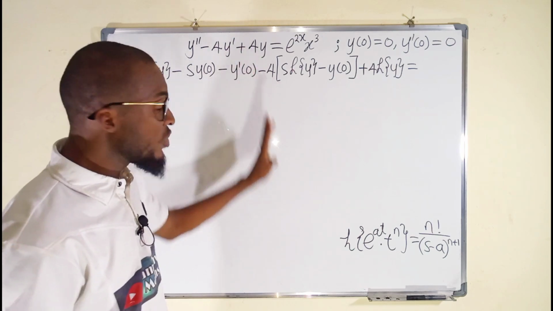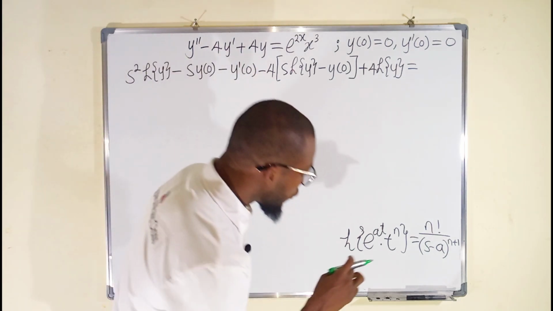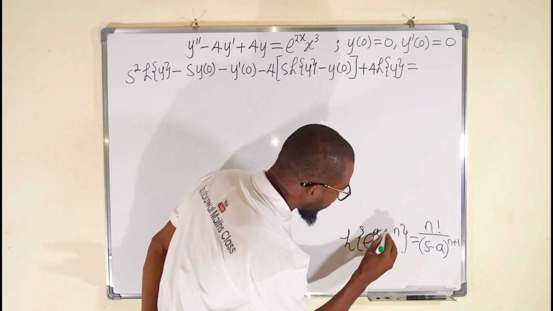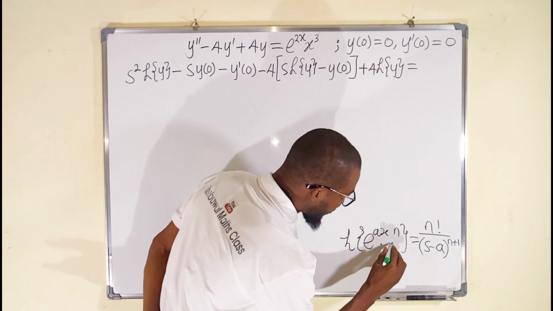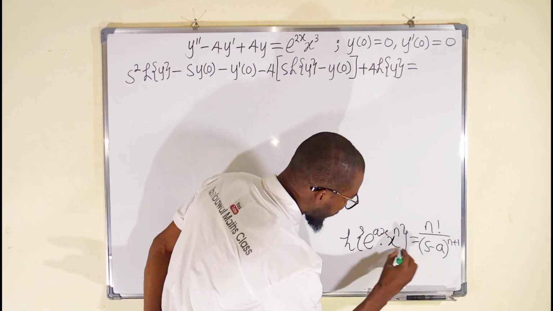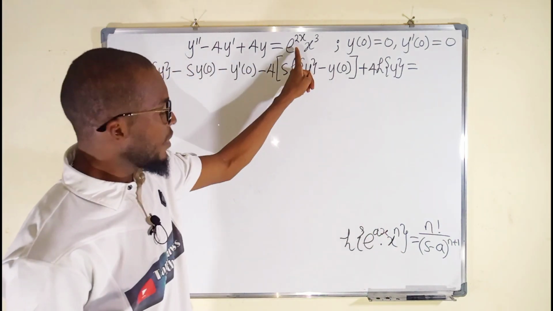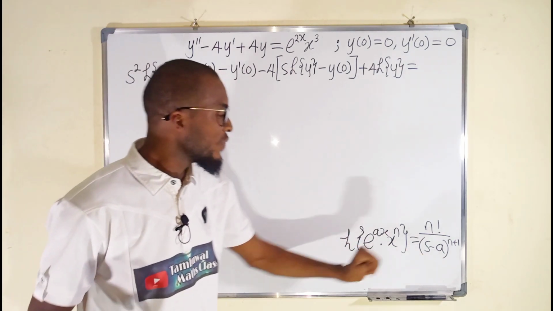But remember, our function is in terms of x, so we can just replace t by x. So this becomes ax, and this becomes x to the power of n. So let us relate this and this so that we can get our Laplace transform.